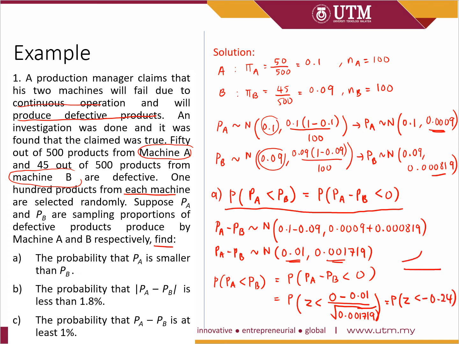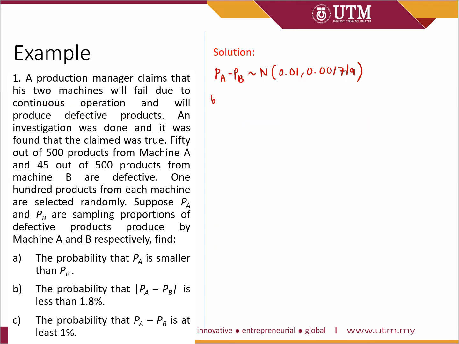So this is the area that it covers. Because this one is 0, you can get from the table that the value is 0.4052. So that's how we solve for question A.